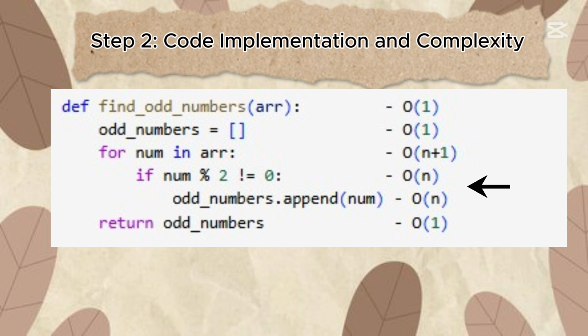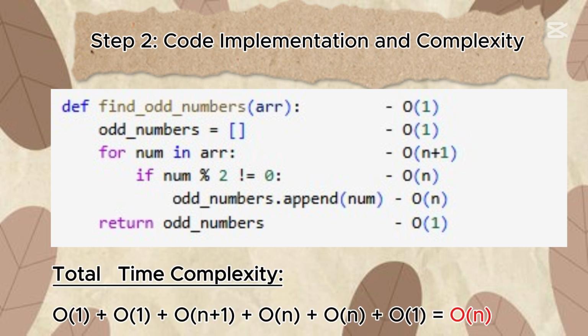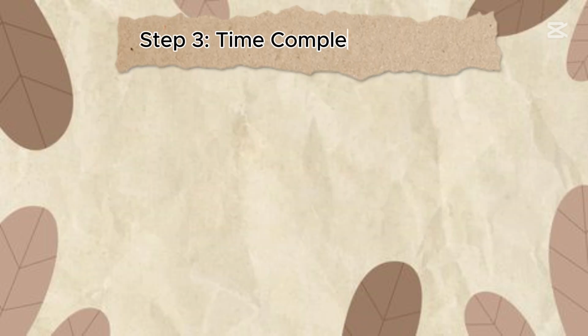Line 5, in the worst case, we append n times and the complexity is n. Last line, returning a list is a single operation and the complexity is 1. Then the total time complexity is 1 plus 1 plus n plus 1 plus n plus n plus 1 equals O(n).